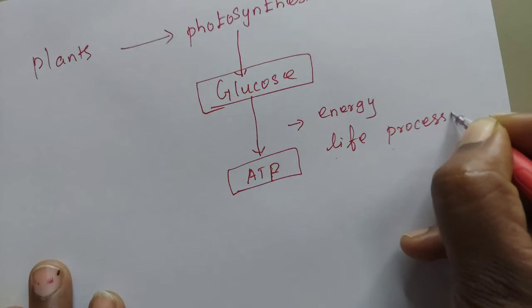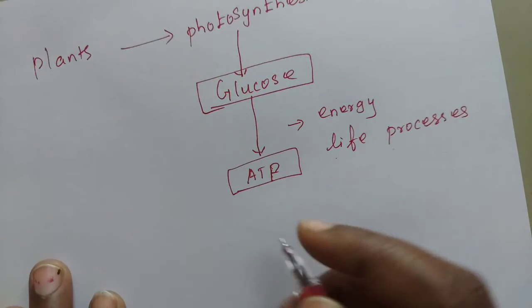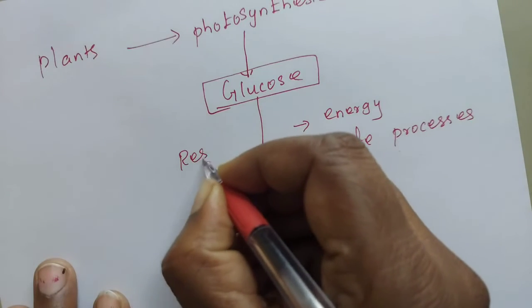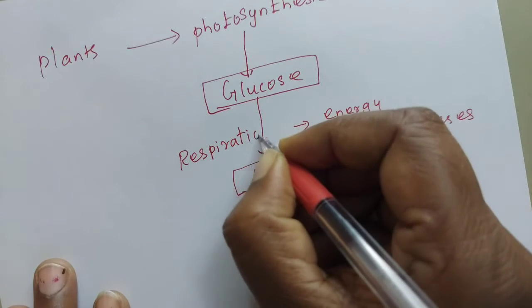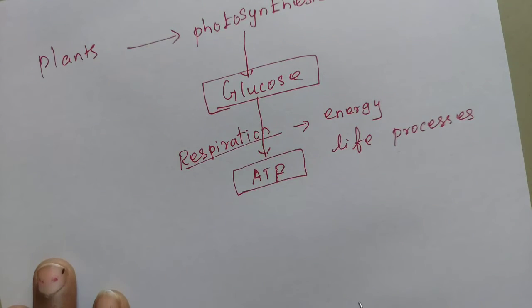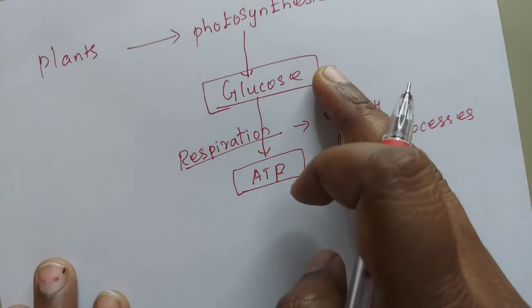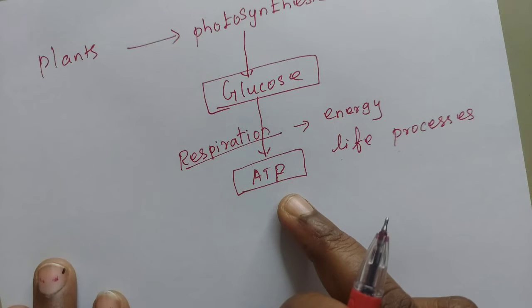This conversion of glucose into energy happens by a series of steps. We call it as respiration. So respiration is nothing but the chemical breakdown of glucose into the energy form known as ATP.